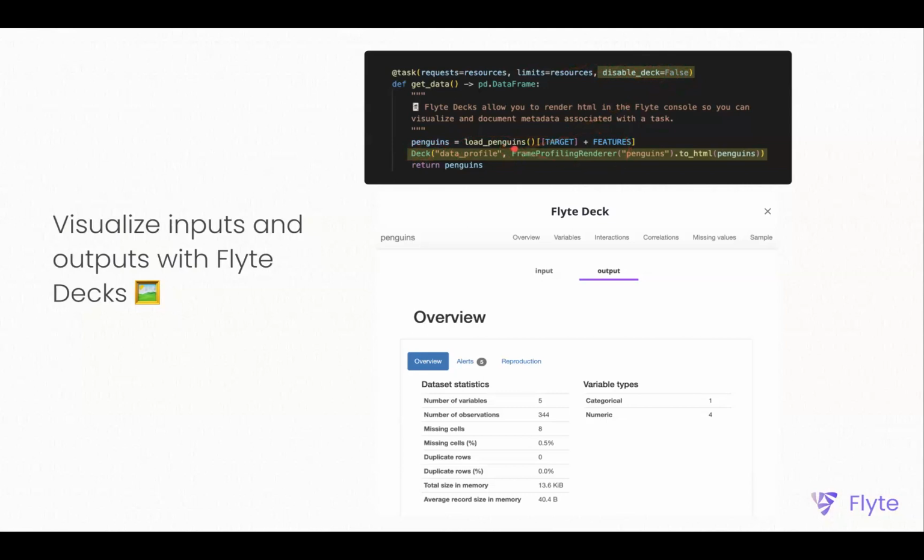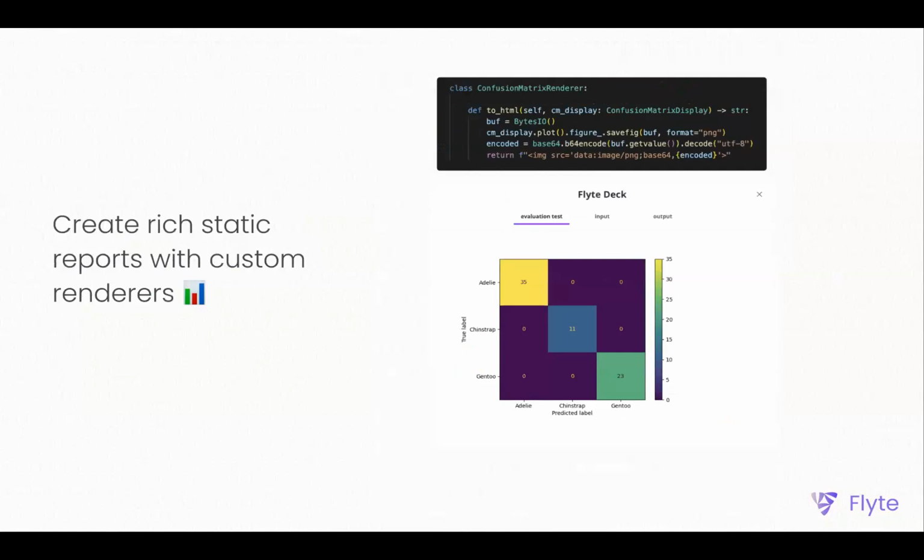So this is a renderer that ships with Flyte. That's basically the pandas profiling renderer. And in the UI, you will see a Flyte deck with the output that's a summary of your data set, and it'll give you some visualizations of your data set as well. And you can customize these super easily too. So this is literally the code for creating a confusion matrix of the model predictions.